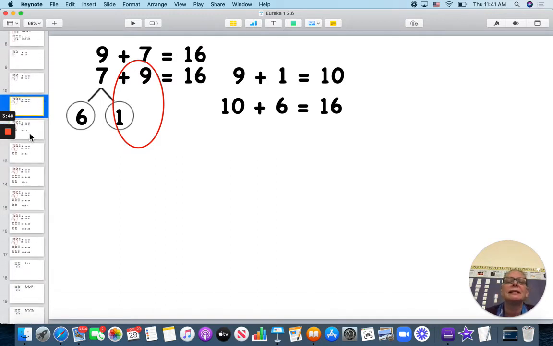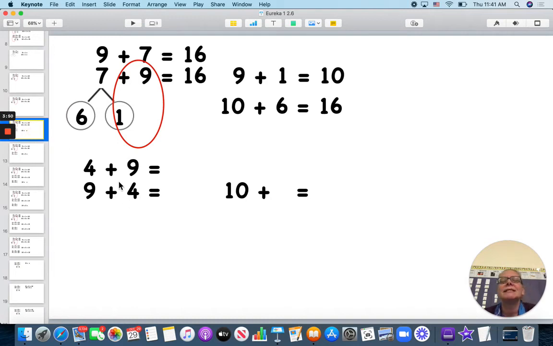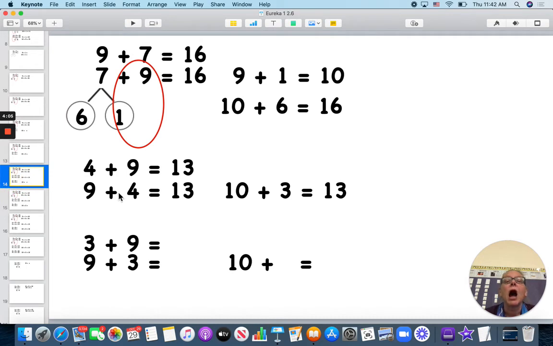Let's look at another example. 4 plus 9, and that's the same as 9 plus 4. Remember our fact families. So I have to give some of the numbers from the 4 to the 9 in order to make 10. Here we go. I had to do it in my head and think about it.